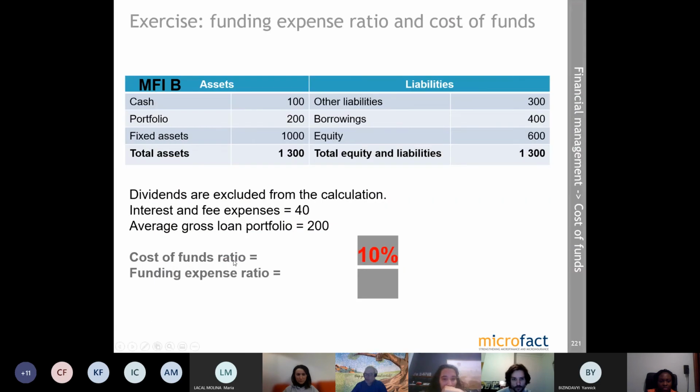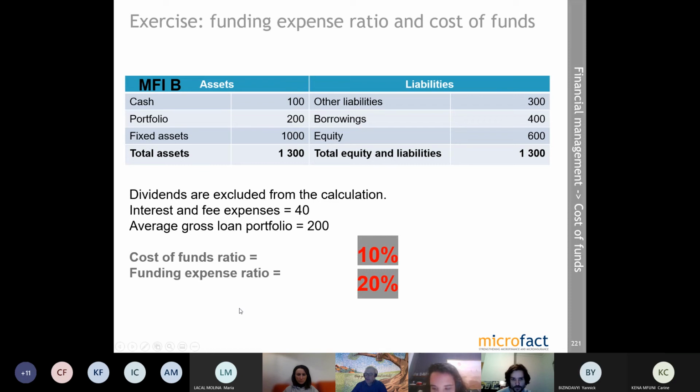So here the cost of funds ratio is the same: 40 divided by 400. But the funding expense ratio is extremely high, 20%. It's 40 divided by 200.